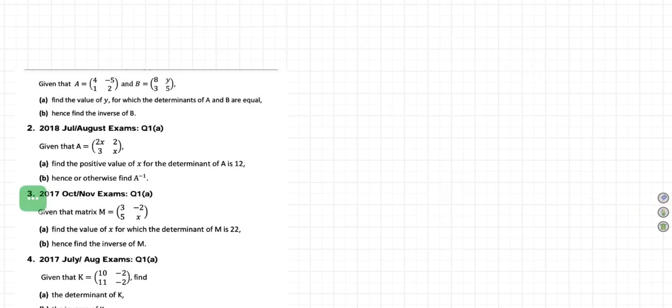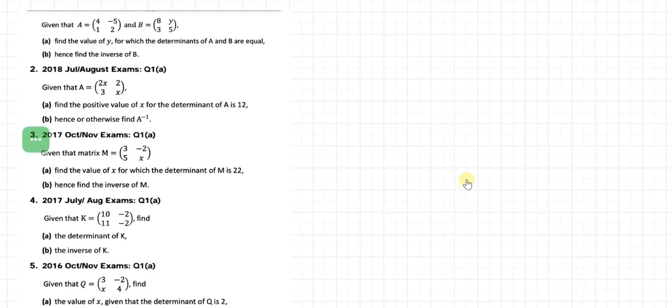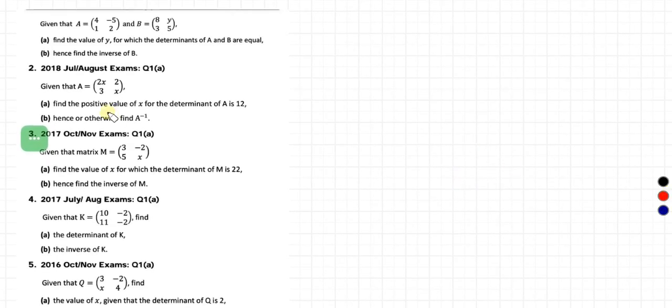So we will now deal with this part here, which is, given that A is that, find the positive value of x for the determinant of A is that. So this would be simple. They've given that A is equal to 2x, then 3, then 2, then x.